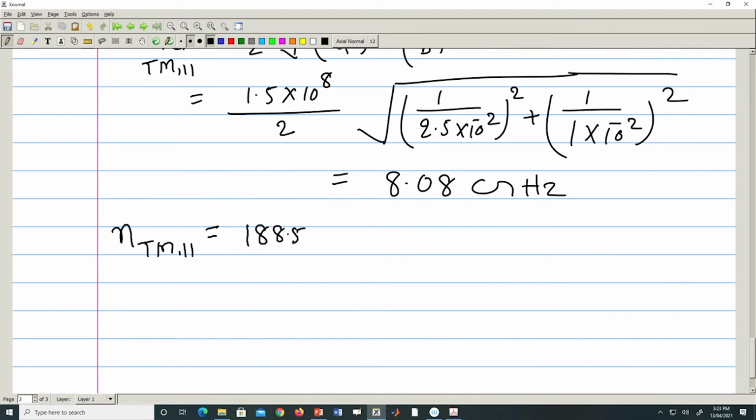This will come to 168. We can see that this is less than 188.5. So this is the wave impedance for the TM11 mode.